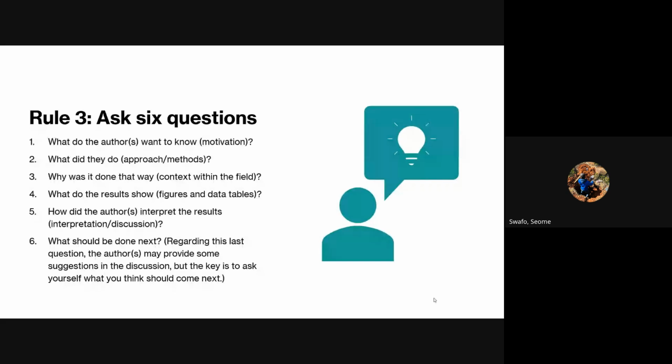So if you look at the rules that I talked about, the first one, the second one, and even this one, they are not in isolation. They are actually tied together. So some information may look repetitive, but they are actually tied together. So these six key critical questions, you need to ask yourself these questions.